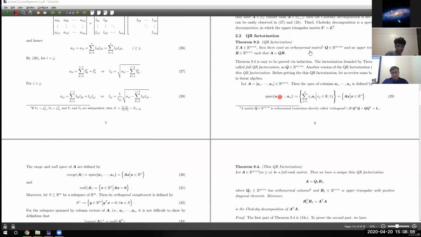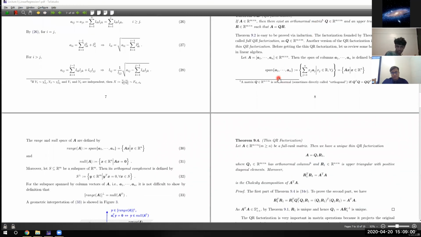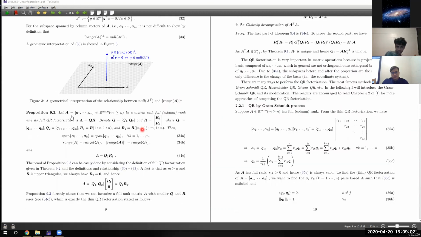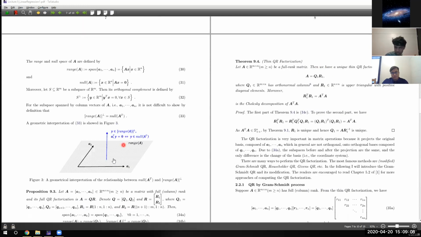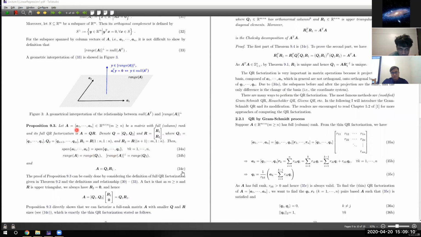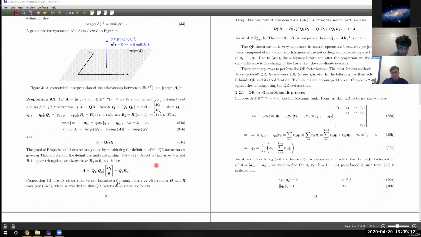Strictly, you can also prove it by induction. After proving the full version, the thin QR decomposition is rather simple, because by the structure of R, you directly get it, and also by the span result here.